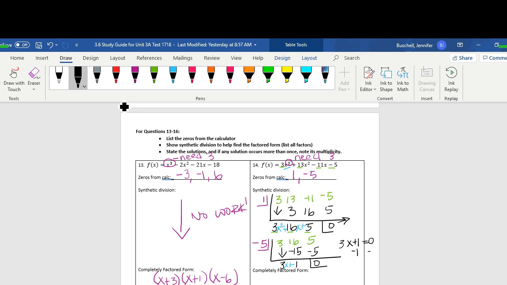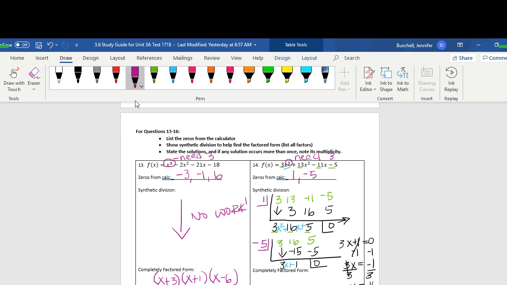And I'm going to subtract 1 from both sides. So I have 3x equals -1. And then divide by 3 on both sides. So x equals -1/3. So there is my third solution. And that's why it didn't show up in the calculator, because it's a fraction, a messy decimal.